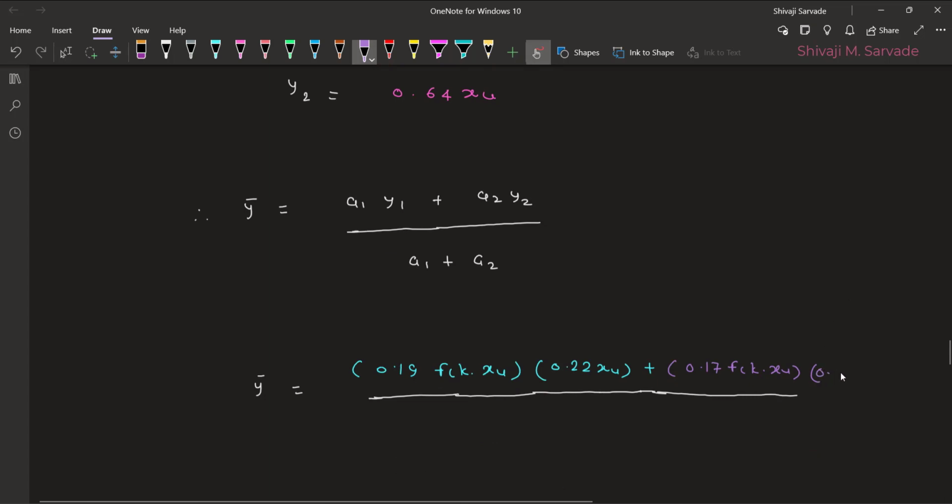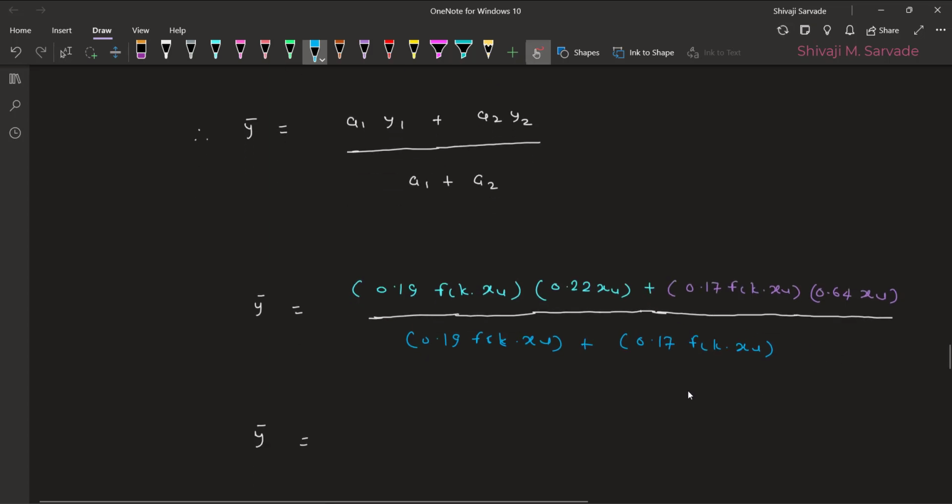So we have A1Y1 plus A2Y2, divided by A1 plus A2, which is 0.19 FCK into XU plus 0.17 FCK into XU. If we multiply all of this, the answer comes out to be 0.42 XU.